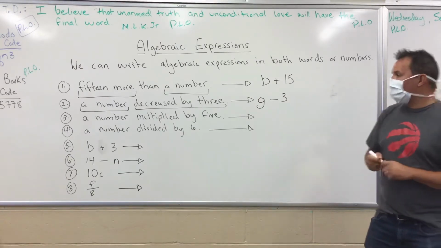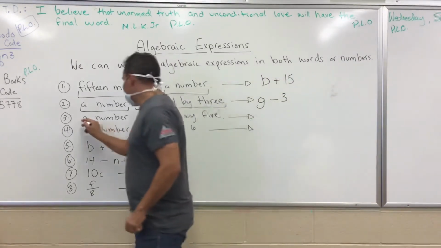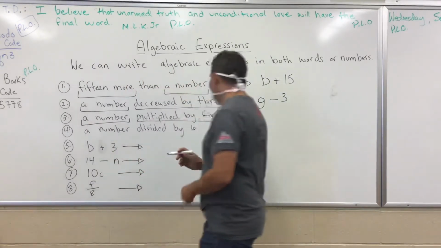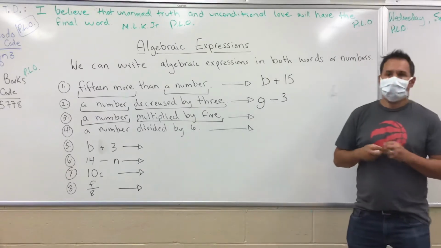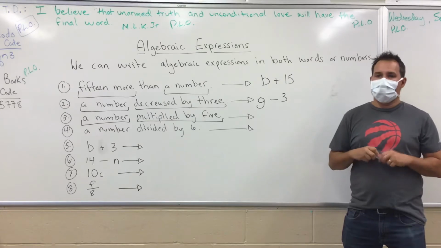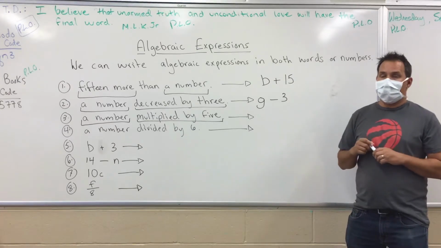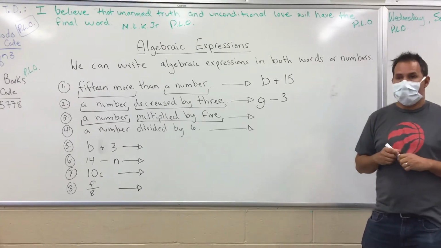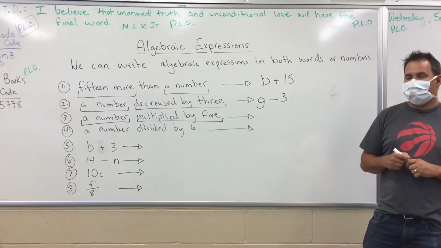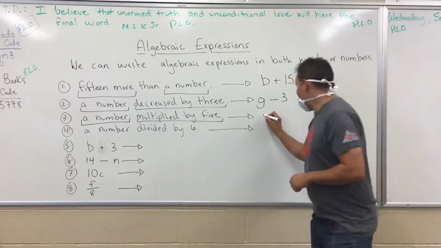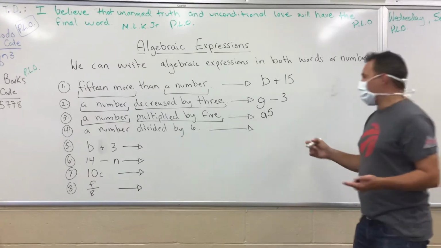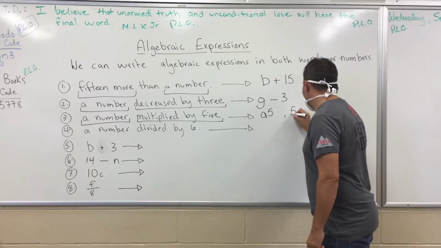What about a number multiplied by 5? How are we going to write that? Just a random letter and then 5. So you could say A5. What happens if someone wrote it like this, 5A?